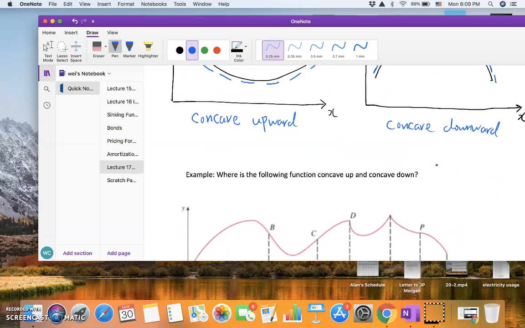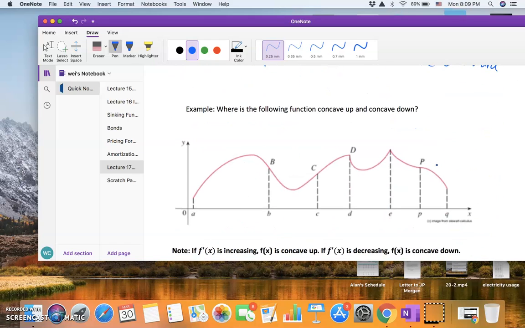Okay, now let's try this example. Let's use the definition we just saw to determine where this function is concave up and concave down. When I draw the tangent line, for example at this point, it looks like this, and the tangent line at this point looks like this.